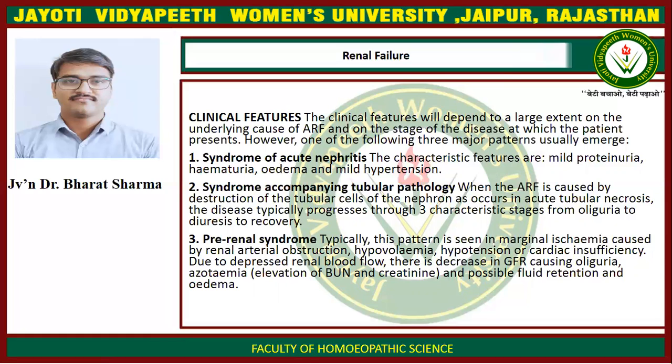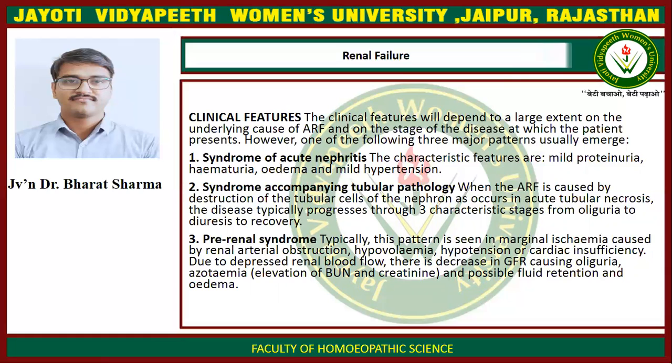Second is syndrome of tubular pathology. When the ARF is caused by destruction of the tubular cells of the nephron, as occurs in acute tubular necrosis, the disease typically progresses through three characteristic stages from oliguria to diuresis to recovery. Third is prerenal syndrome.